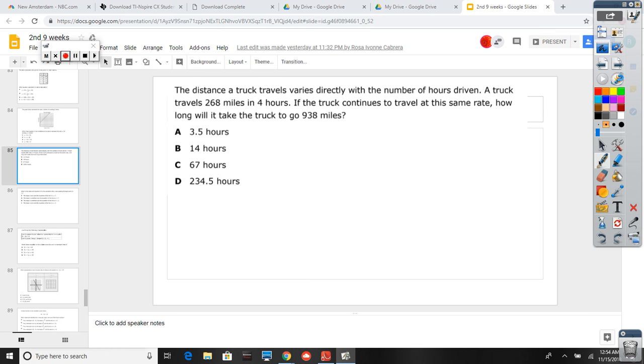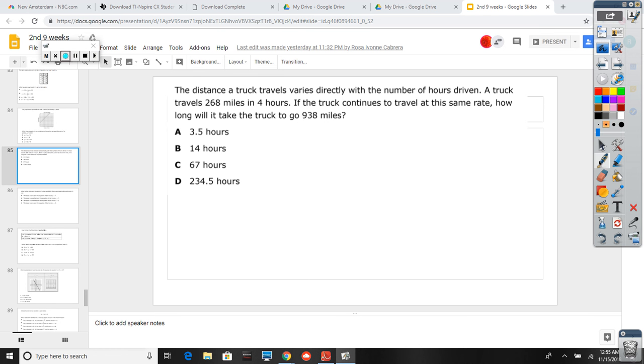A truck travels 268 miles in 4 hours. If the truck continues to travel at the same rate, how long will it take the truck to go 938 miles? It's like they knew I couldn't say truck today, and it says truck, truck, truck everywhere.